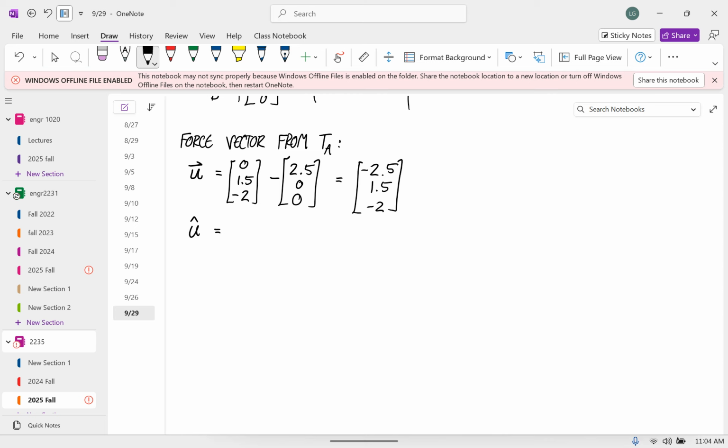So this unit vector is negative 0.707, positive 0.424, negative 0.566. And so finally the force vector is this multiplied by the variable TB: negative 0.707 TB, positive 0.424 TB, negative 0.566 TB.